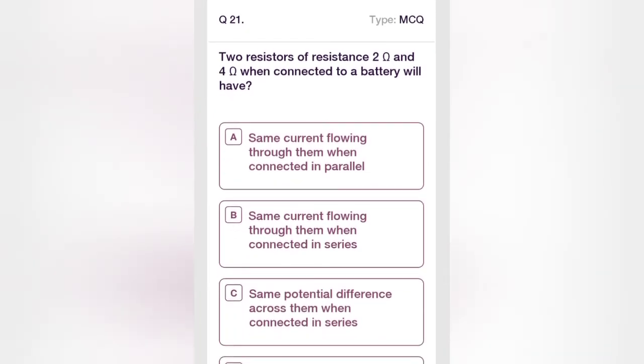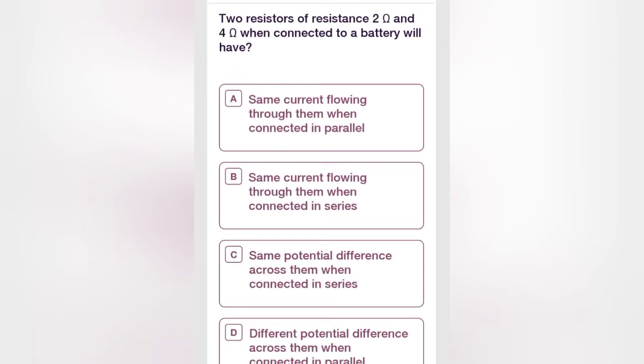Two resistors of resistance 2 ohm and 4 ohm when connected to a battery will have... See, these two resistances when connected to a battery will have same current flowing through them when connected in parallel? No. Same current will not flow when connected in parallel. Current will divide in a parallel circuit. So option A is wrong.